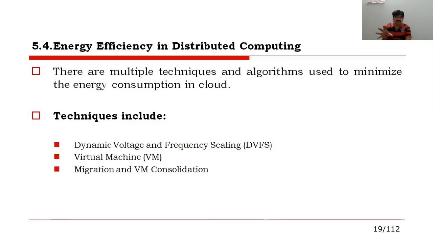That means two or more machines are embedded into a single machine, but finally it seems to be a single machine from the external point of view. That is called a virtual machine. A machine within another machine with the same configuration, the same operating system, or the same hardware is considered a virtual machine. So this is one of the energy efficiency techniques.